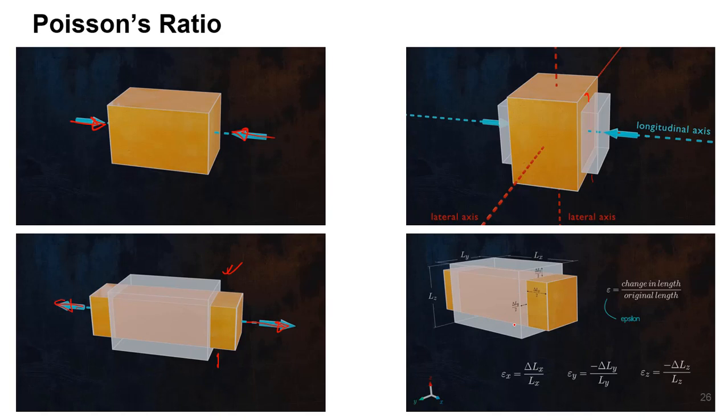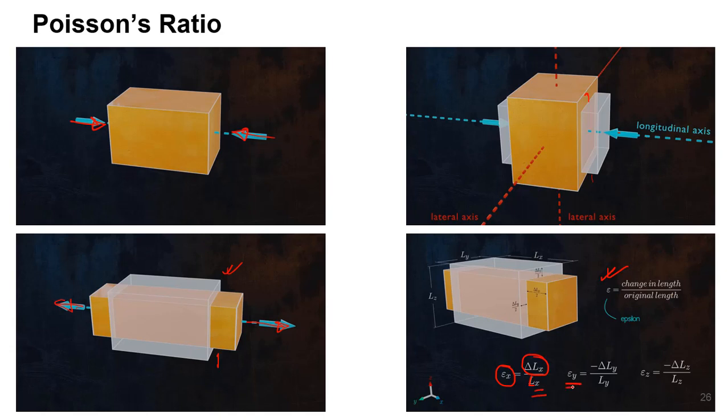Now if the lengths of this cuboid are Lx, Ly and Lz in the three directions, then the elongation because of the longitudinal load along the x direction is delta x, and that divided by the initial length Lx is the strain along the x direction. So strain is the change in length divided by the original length, that we know.